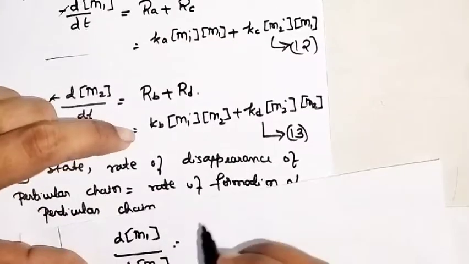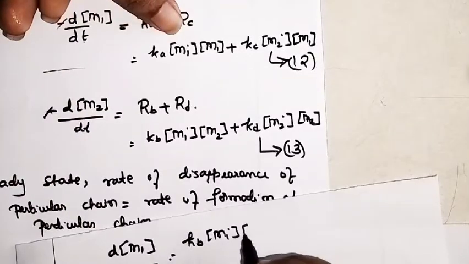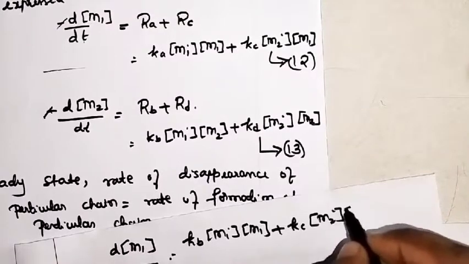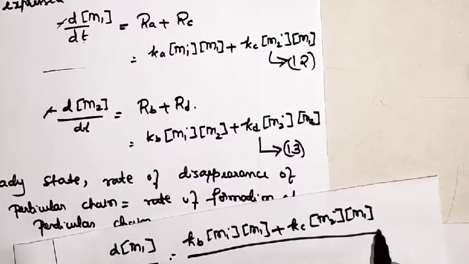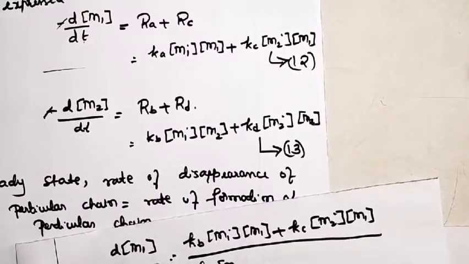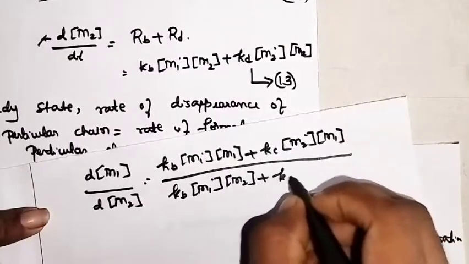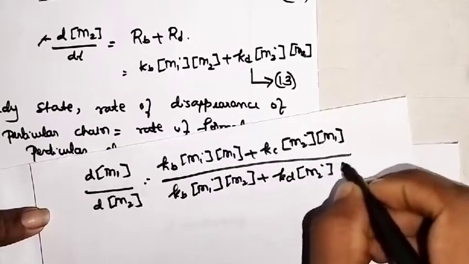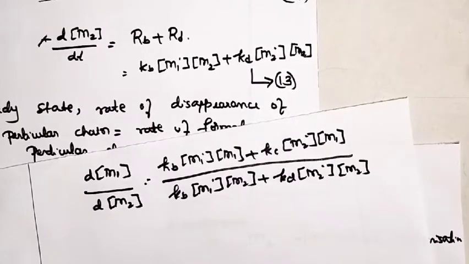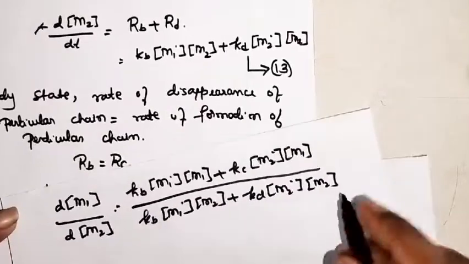The remaining terms I write as they are: Ka, M1 free radical, concentration of M1, plus Kc, concentration of M2 free radical, concentration of M1, whole divided by equation 13, that is Kb, M1 free radical, M2, plus Kd, concentration of M2 free radical, concentration of M2. This is your equation number 16.